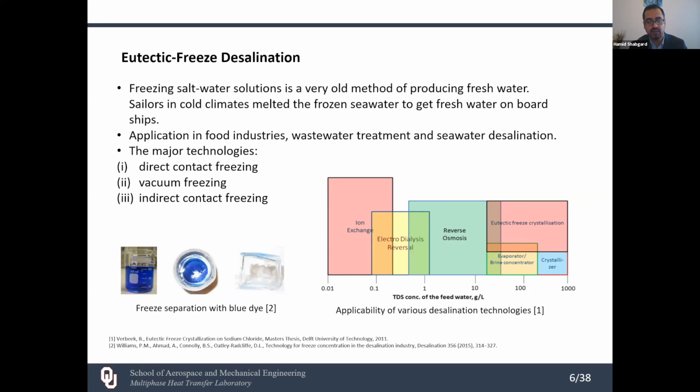To freeze 1 kilogram of water, we need about 1/7 of the heat that we need to evaporate the same amount of mass. So if we can tap into this potential and take advantage of the lower energy consumption for freezing, we can save a lot of energy and money for treating these highly concentrated brines.